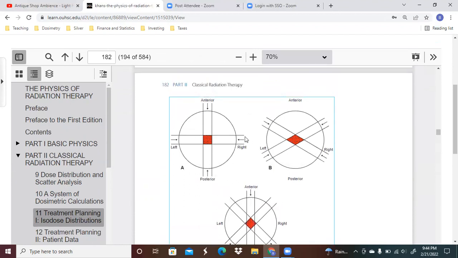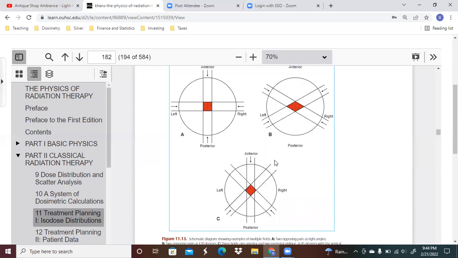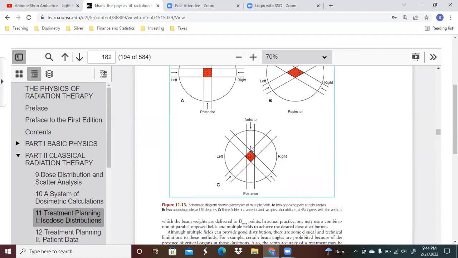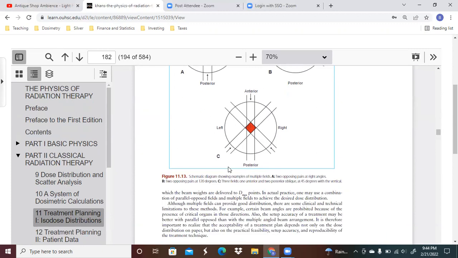If you have a 4-field box, generally you're going to end up with something like this. If you tilt these here such that you have a smaller angle here than what you do here, then you end up with the diamond shape. If you end up with 6 beams not quite off-centered with each other, but fairly close, then you can end up with a shape like this.